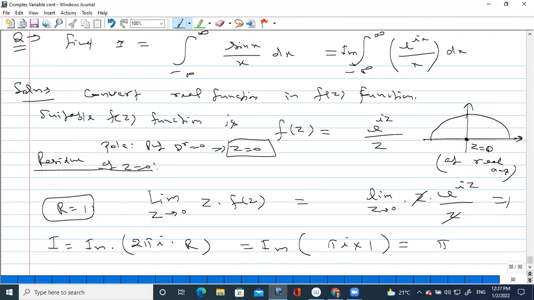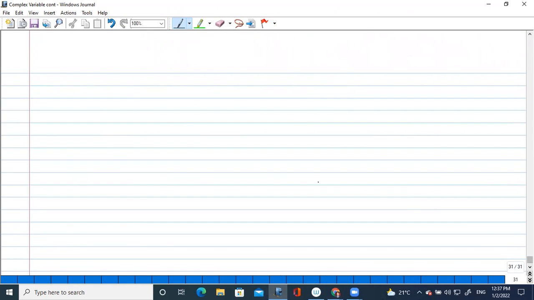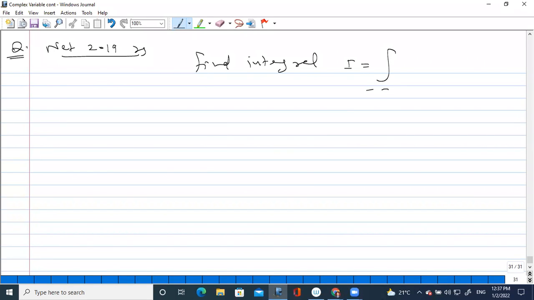Okay. So from this also one NET question I will take. NET 2019. Find the integral of sin 2x by x cube dx.